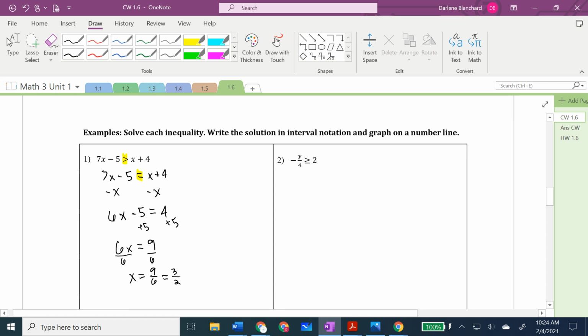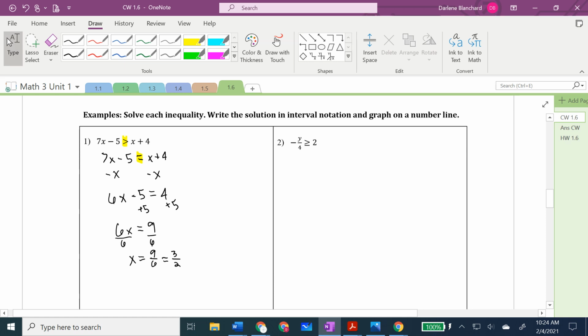but you need to go back to the fact that it actually is an inequality. I never multiplied or divided by a negative number, so that means I can just take the inequality sign and bring it back exactly the way that it was.